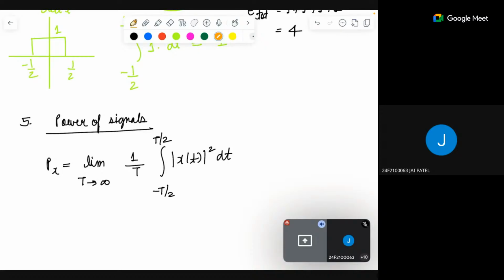Now one thing to note is, if here instead of T I take 2T, then here I must take minus T. So it is important to have the same width here. Is this clear? Yes, ma'am.